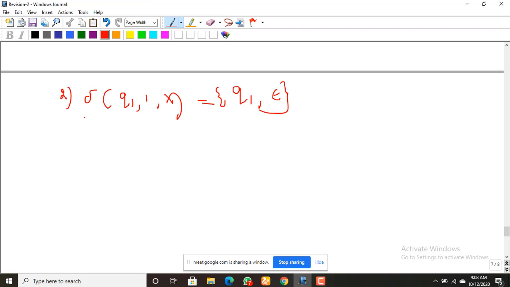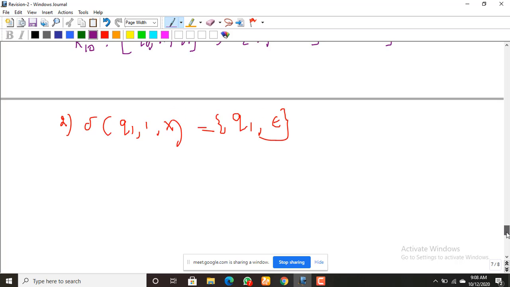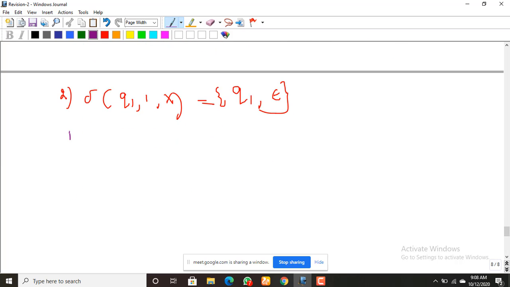See, this is the transition of delta of Q1 1x equal to the same state Q1 only, Q1 epsilon. So I'm going to write the rule. Actually, this is rule number 11. Don't leave the meeting.